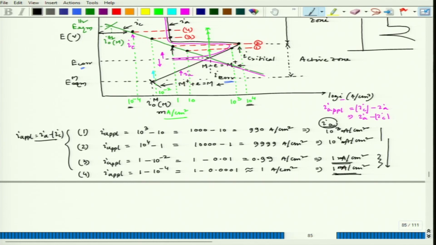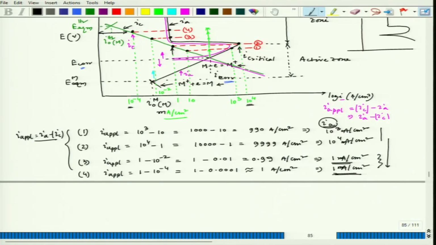Initial polarization will need a lot of current density. That means applied current density is huge, so you have to supply a good amount of DC power or DC current. But once it takes you to the passive zone, the current requirement to maintain that passive zone would be very minimal. It is of the order of 1 milliampere per centimeter square as per this particular drawing.